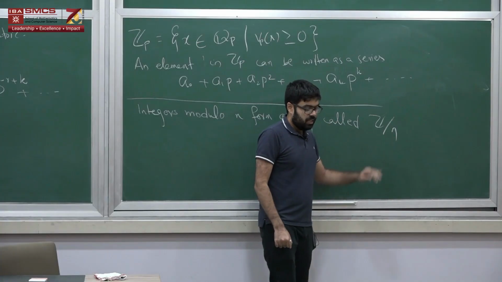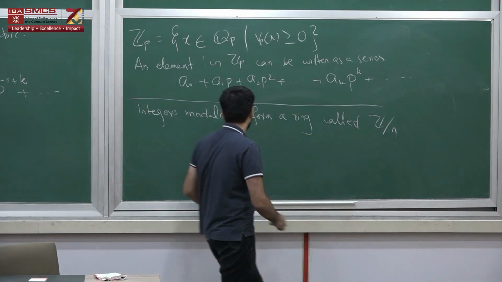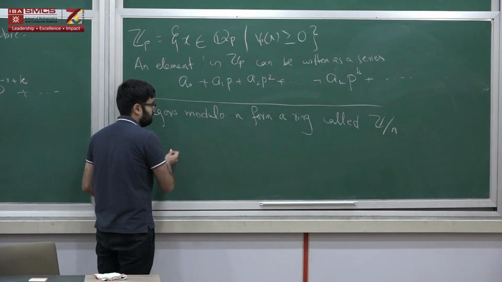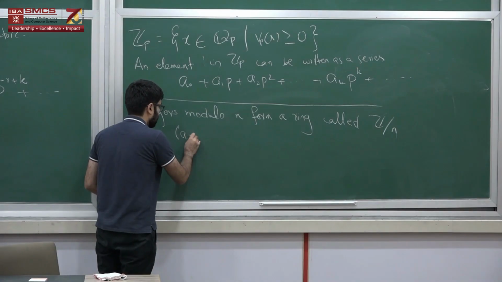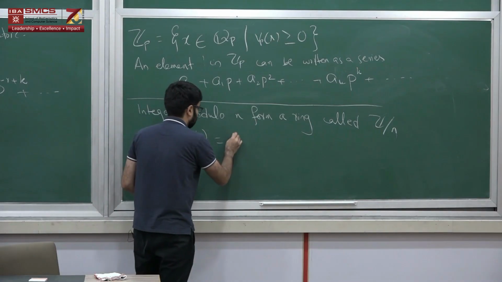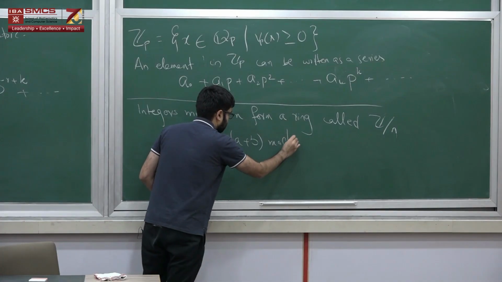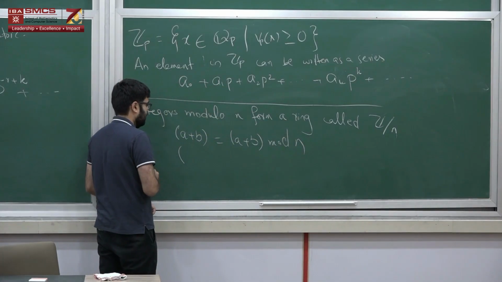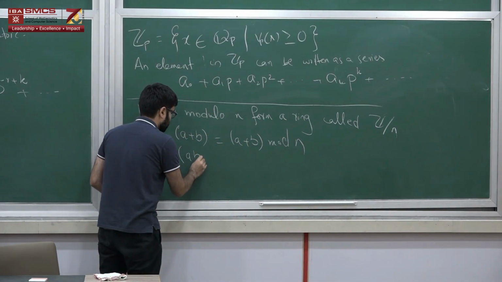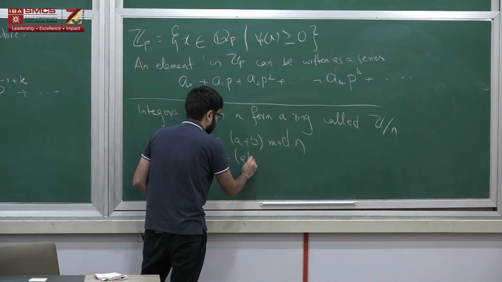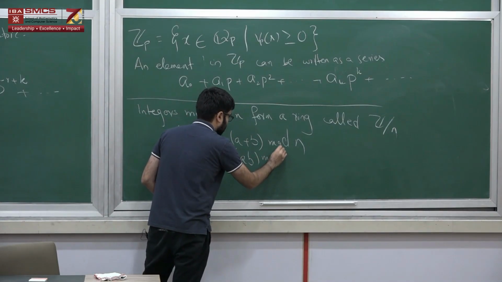The addition and multiplication are: a plus b is a plus b mod n, and ab is similarly ab mod n.